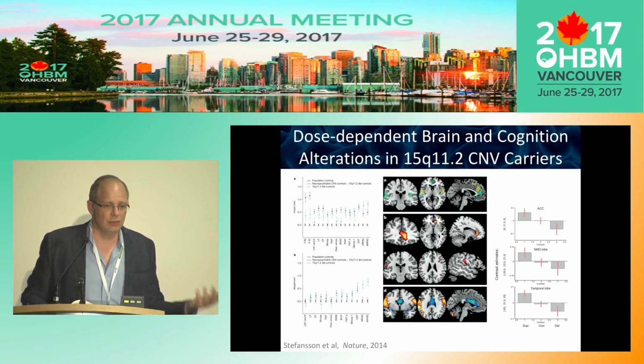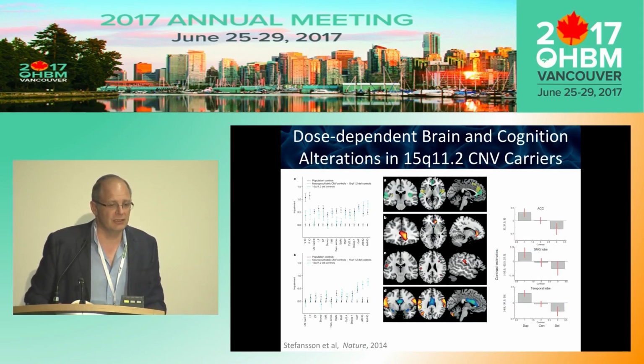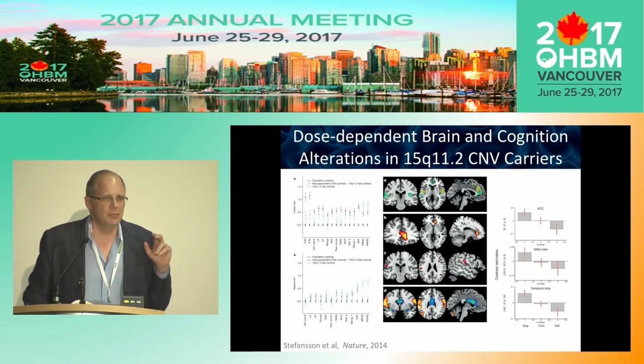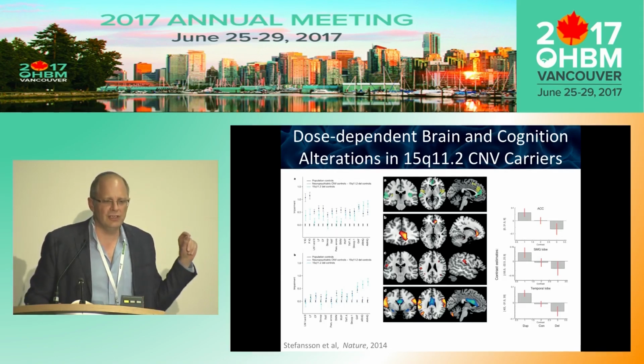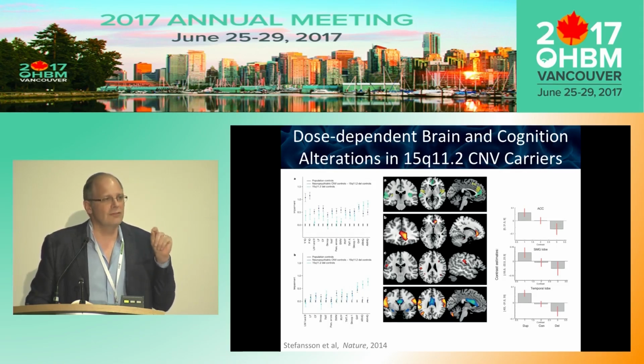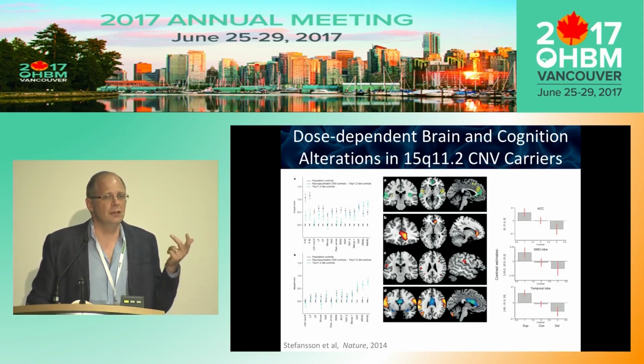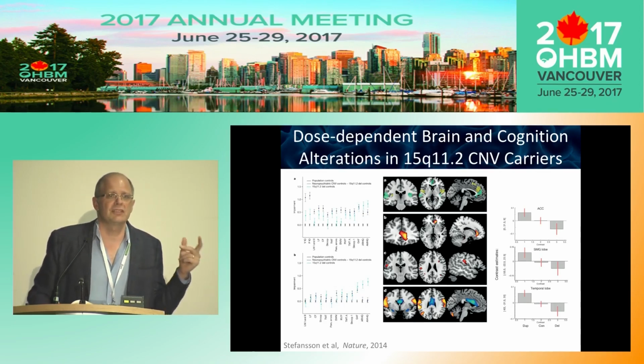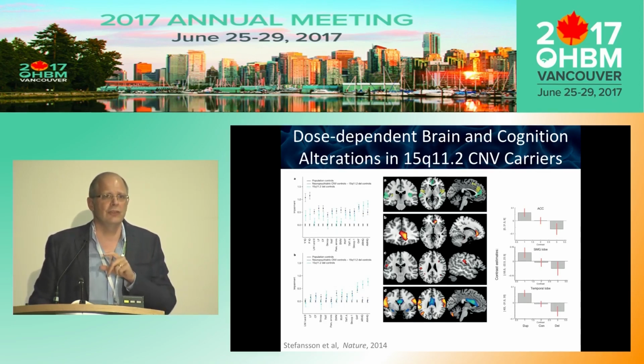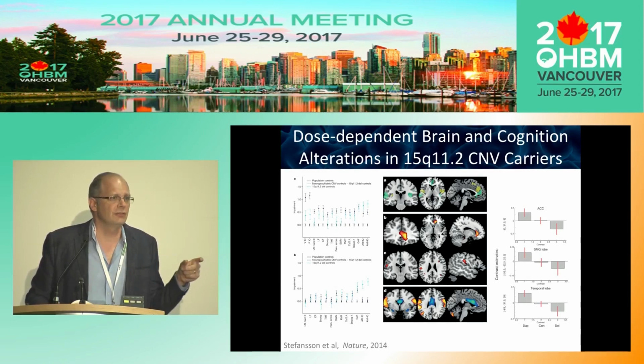Okay, so does this affect brain and cognition? Well, the answer is yes. You have dose-dependent brain and cognitive alterations in that 15q11 CNV that's associated with schizophrenia, or at least it's associated with schizophrenia if you happen to be in Iceland. And so what you see is that individuals who have those deletions in that CNV also show cognitive impairments and alterations in neuroanatomy that are similar to what you're seeing in schizophrenia, even though the individuals they were studying here did not have the illness itself, right?